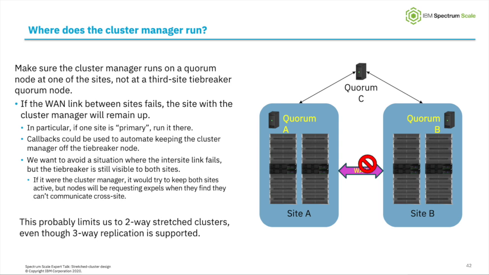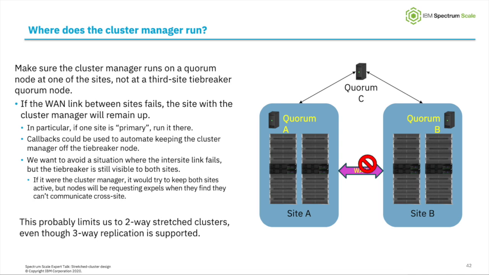Application nodes writing will see unresponsive NSD servers. They'll ask the cluster manager to expel the NSD server. The cluster manager will say, no, that's an NSD server. You're expelled instead. And you get crazy things happening at both sites. The point is, don't do that. Keep the cluster manager role off of the tiebreaker quorum node.